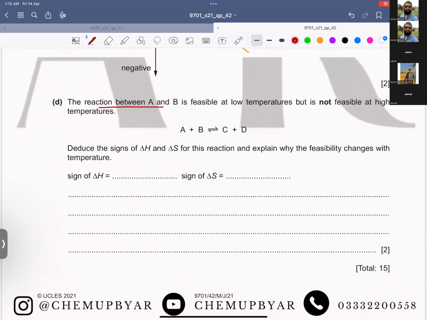The reaction between A and B is feasible at low temperatures, but is not feasible at high temperatures. Deduce the signs of delta H and delta S for this reaction and explain why the feasibility changes with the temperature. Okay, what they are saying is at low temperatures it's feasible, which means delta G must be negative, and not feasible at high temperatures, which means at higher temperature delta G becomes positive, right?